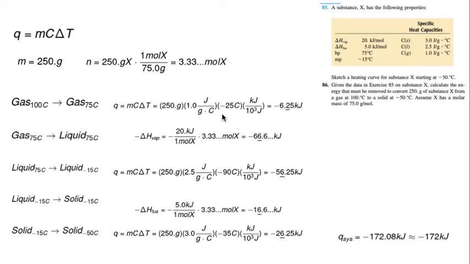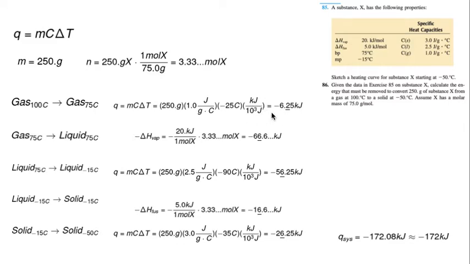And so it's important that we preserve that delta, because that's going to be a negative change. And what that will convey is that heat is being removed. Of course, we're going from 100 to 75. Heat must be removed from our system. I would also urge you to convert directly to kilojoules, because your heat of vaporization and heat of fusion are already in kilojoules, and that will make your calculations easier if you just convert to kilojoules right here as well.